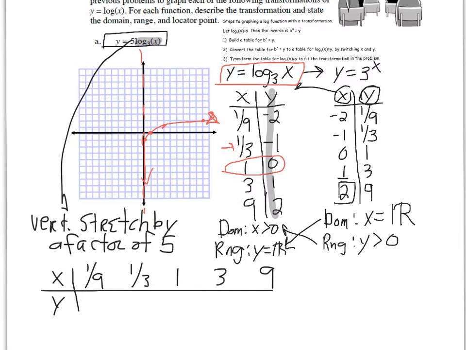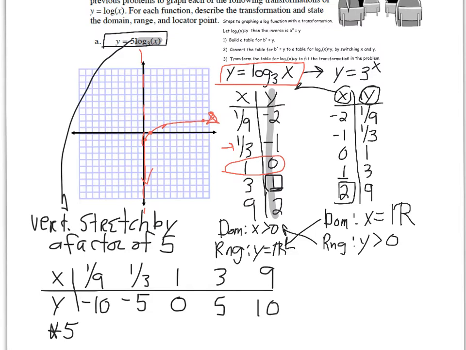The output values have to be multiplied by 5. So that's going to become -2 times 5 is a -10, a -1 times 5 is a -5, 0 times 5 is still 0. An output value of 1 times 5 is 5, and 2 times 5 is 10.